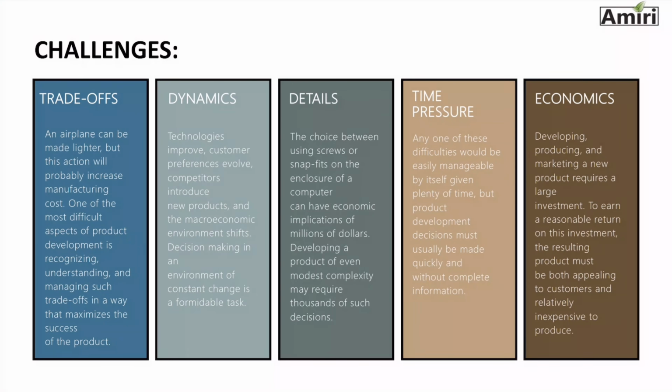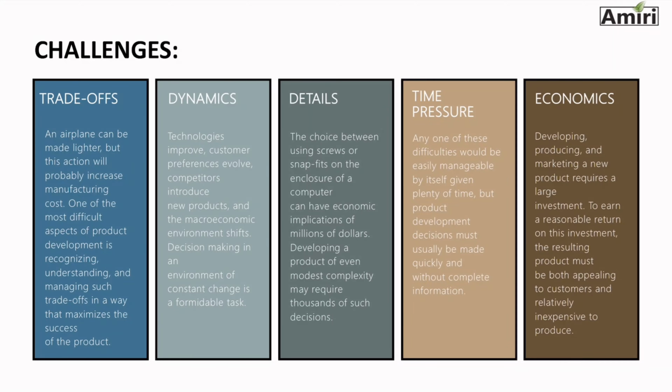And then lastly, what I want to talk about is some of the challenges based on what we talked about. What are some of the challenges the team faces when working on design and development? Something we speak about a lot in this course, and we'll learn some techniques to deal with, are trade-offs. A trade-off is when you want to maximize one of your specs, but that spec is affecting another aspect of the product development, and you have to choose or compromise.